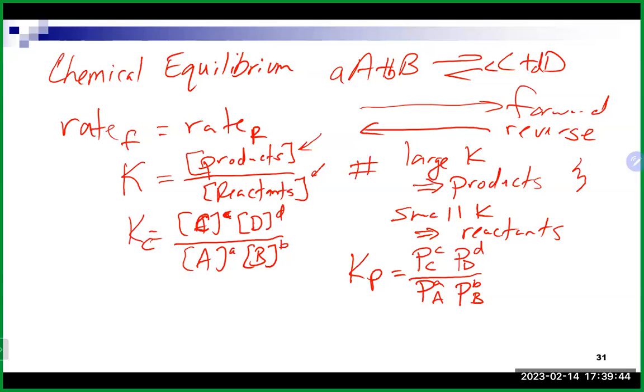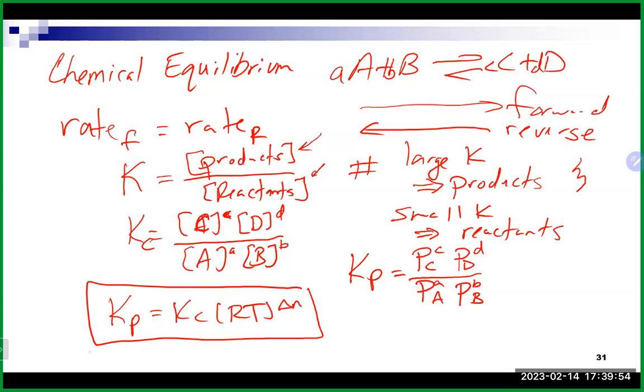Now, we can go from one to the other by using the formula that we saw, Kp equals Kc(RT)^Δn. The Kp is our equilibrium expression involving pressures. Our Kc is the one involving concentrations. R is the gas constant, 0.08206, and our temperature here does need to be in Kelvin.